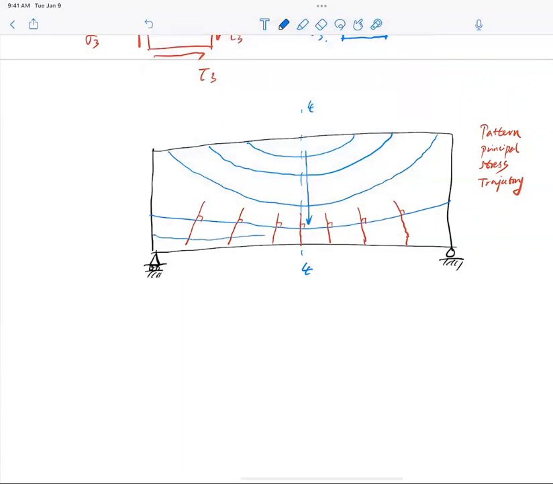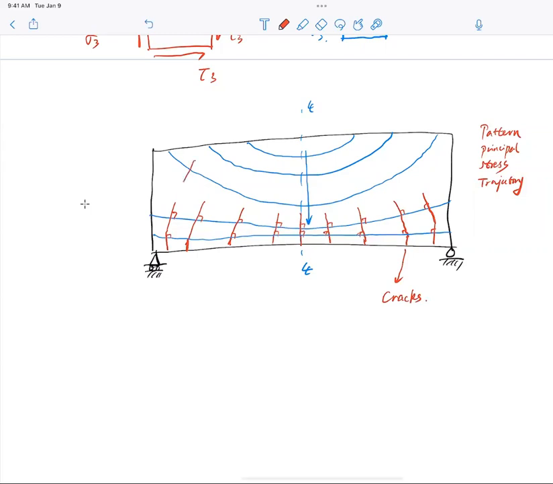Because I have another line here somewhere, so a straight angle. Horrible drawing again, sorry, but I try to draw a straight angle. So these are the cracks.